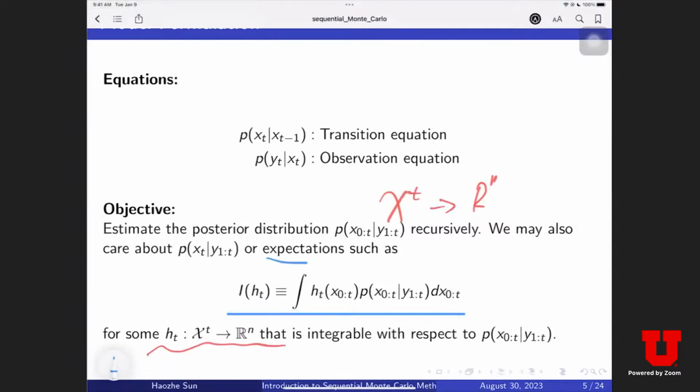It's an expectation. IN means that I use n particles to do the integration. And what about the H? H is whatever function we want to apply to the states. You can make the HT whatever function you want.